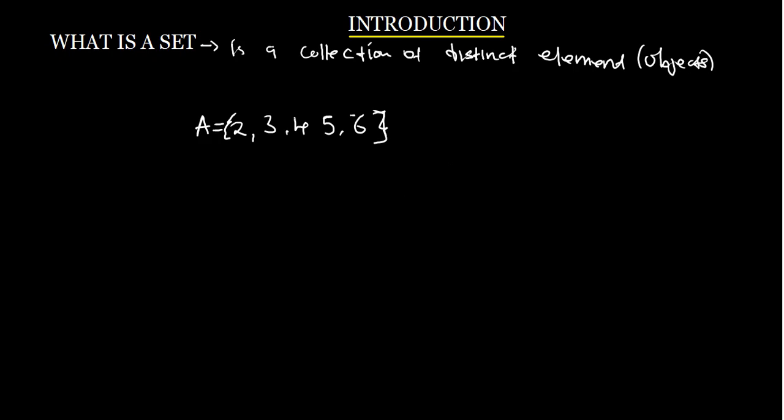I'll say A is equal to, open the curly brackets of sets, then x such that x is a member of the natural numbers, such that 1 is less than x, and again the same x is less than 7, like that.